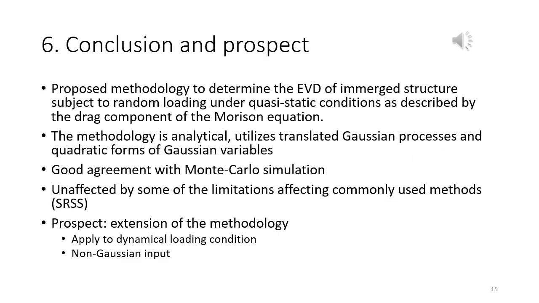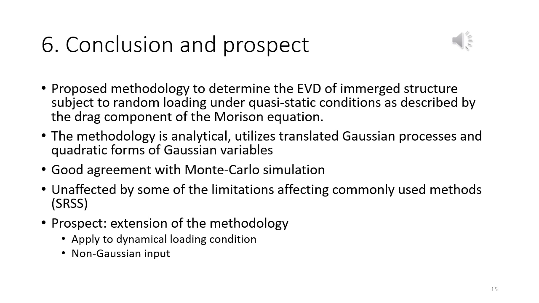To conclude, we have presented a methodology to determine the EVD of immersed offshore structures subject to random loading under quasi-static conditions as described by the Morrison formula. The methodology is analytical and uses translated Gaussian processes, integral transformation of monomial stochastic processes, and analytical results from quadratic forms of Gaussian random variables.